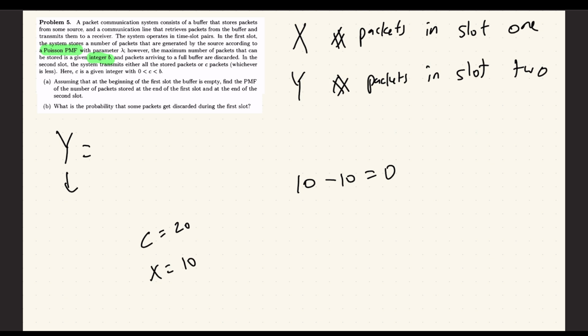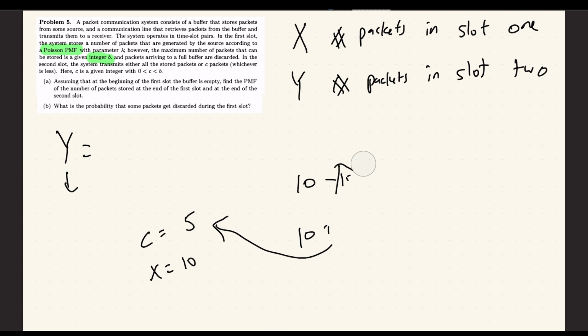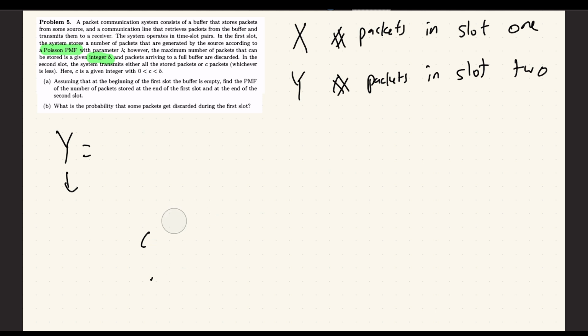If C was instead 5, C would be less, so we would take 10 minus 5 equals 5. So here we're taking whichever one is smaller. So either C is smaller or X is smaller, and that's the value we're taking. So we can say that Y is equal to X minus the minimum of X and C, whichever one is smaller.